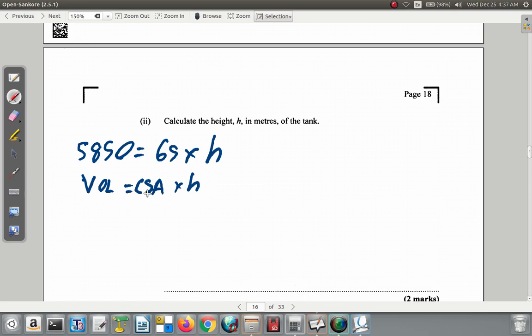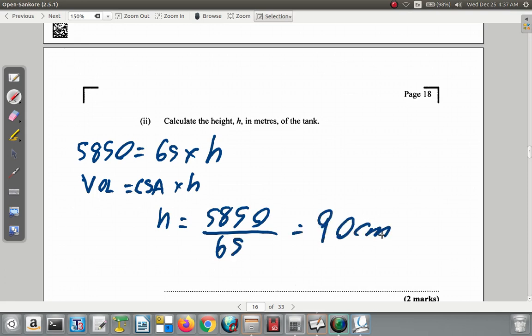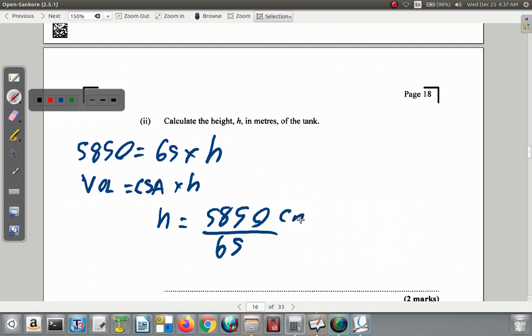And then in this case, the height would be 5850 divided by 65, and that gave you what, 90. It was 90 centimeters. Alright, it would be 90 centimeters. You could also put in the dimensions and say this is 5850 cm cube divided by 65 cm squared.